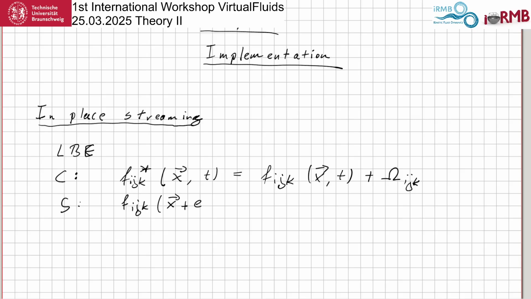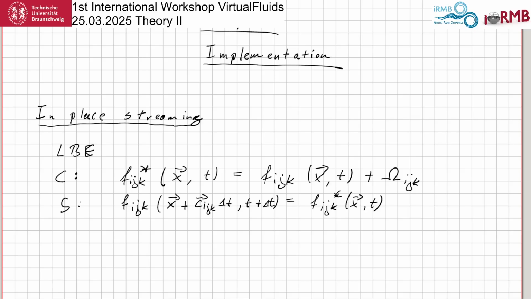Then we do a full move, not a half move, the full move. Oh no, this is not an E, this is a C. Sorry. C_ijk times delta t, to the next time step. So in the implementation, we don't do it staggered, but the equations are staggered anyway. So this is equal to F_ijk after collision at this position x and the time t.